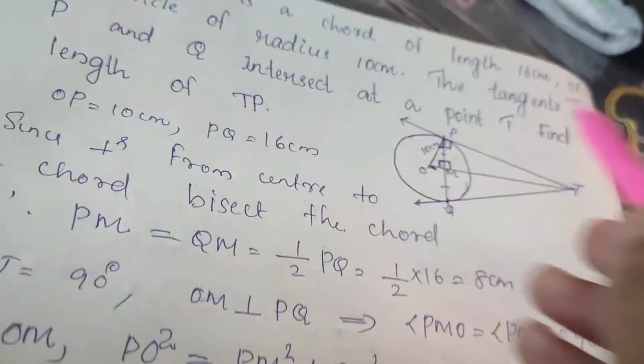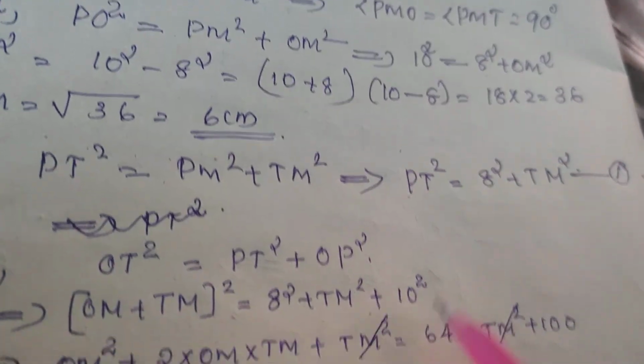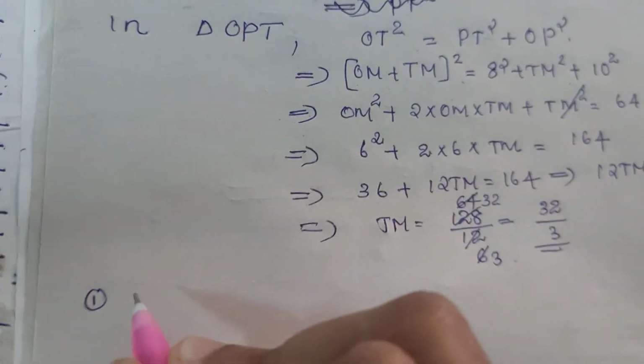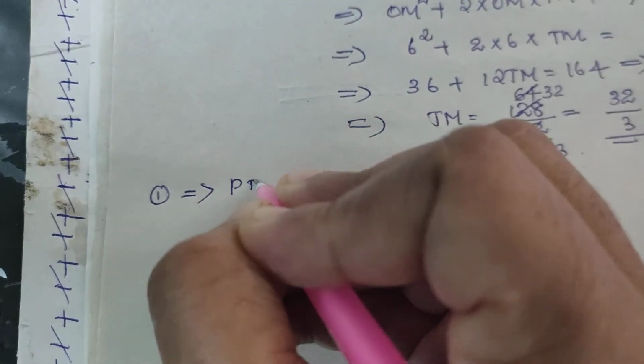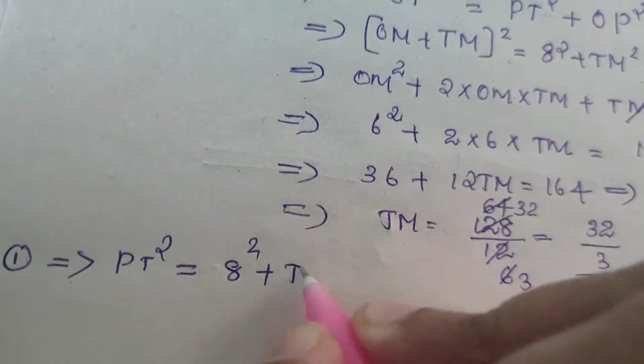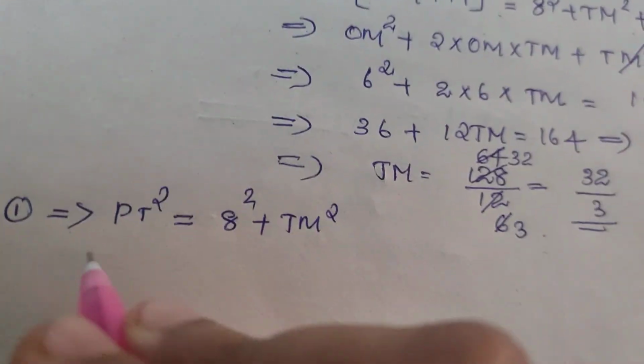But we want to find the length of TP. So in equation 1 we write PT square equals 8 square plus TM square. Equation 1 implies PT square is equal to 8 square plus TM square.